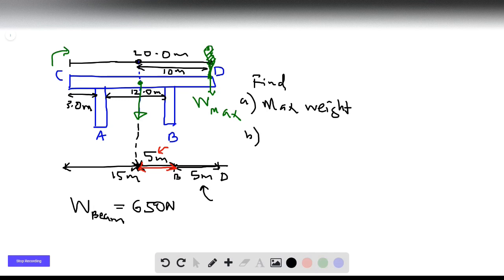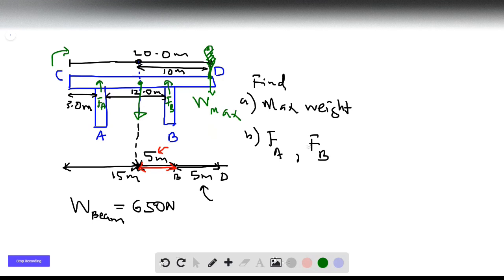The second part of the problem is we want to find the forces FA and FB, the forces exerted by the walls on the beam. So this would be FA and this would be FB. Those are the two forces we want to find out.